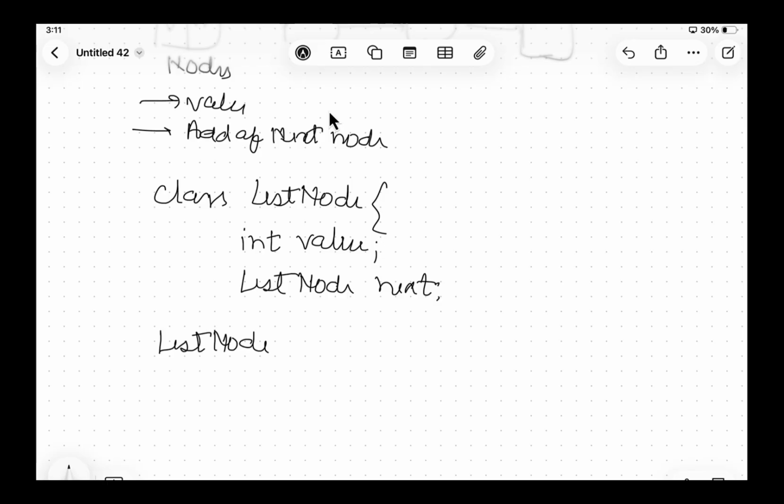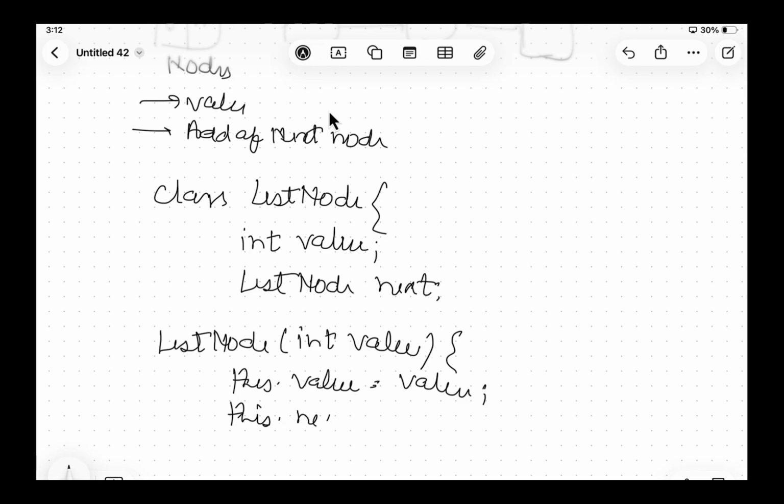I'm writing this class just to help you understand, because we are not going to create this class in each and every problem. In the background this class is there. int value, and this is going to initialize the value: this.val equal to value, and this.next equal to null, because for the first node there is no second node, so there is no address.